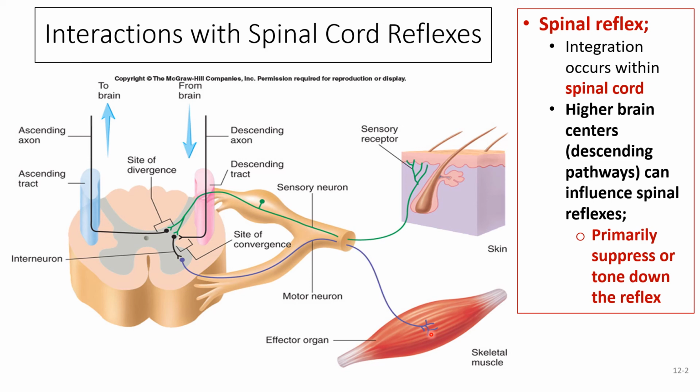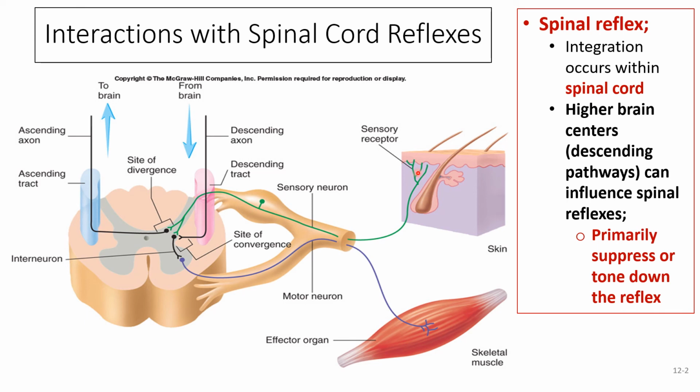So this is called the spinal reflex arc, or a spinal reflex, because the processing or integration of that sensory information occurs in the spinal cord at that level. Okay, so integration occurs within the spinal cord. And when you have these sensory receptors firing, remember there'll be more than one of these receptors firing.